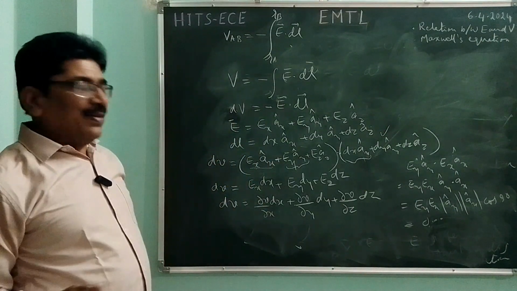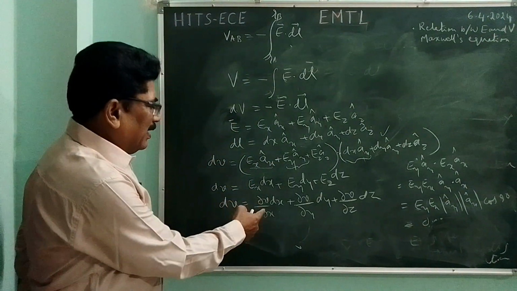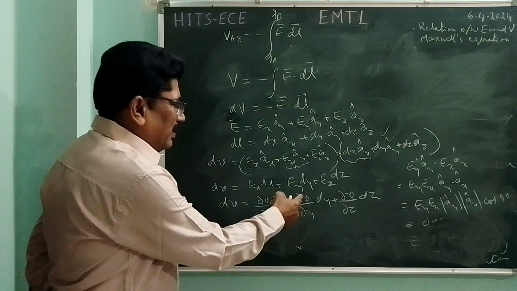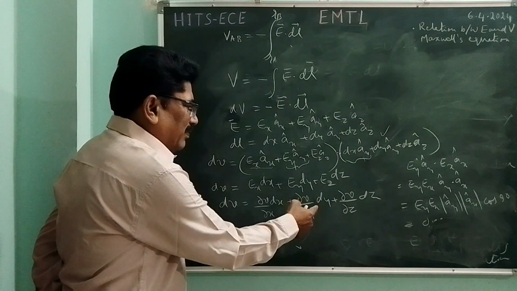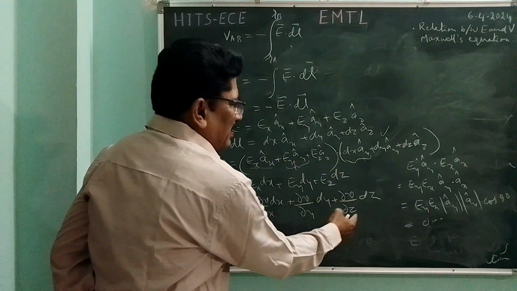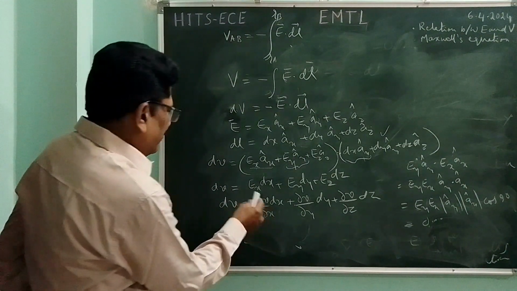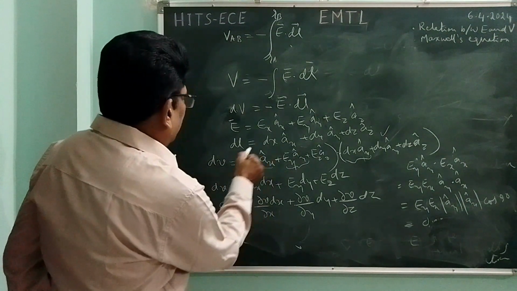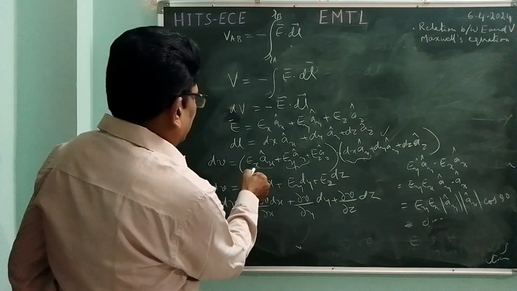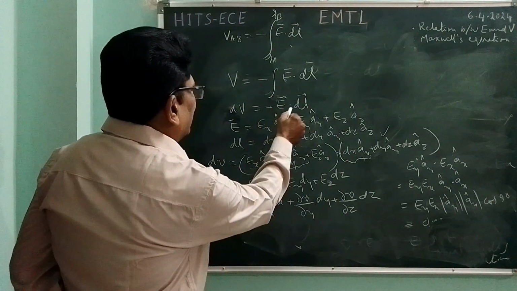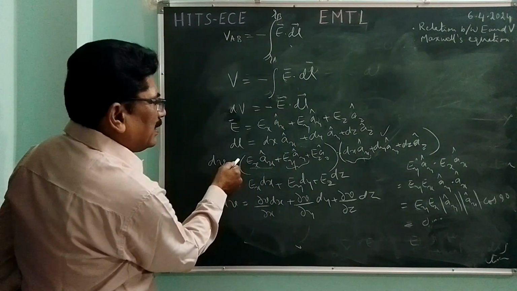According to the calculus of multivariables, dV is equal to del V by del x into dx plus del V by del y into dy plus del V by del z into dz, which is equal to dV. Okay. So dV is equal to minus of E dot dl. So put minus here.